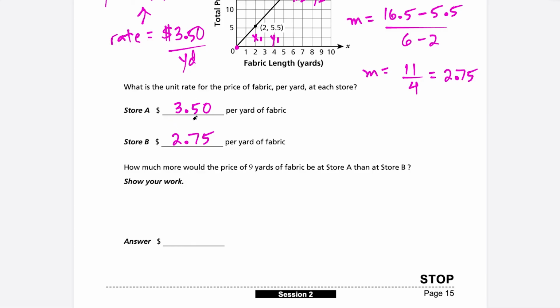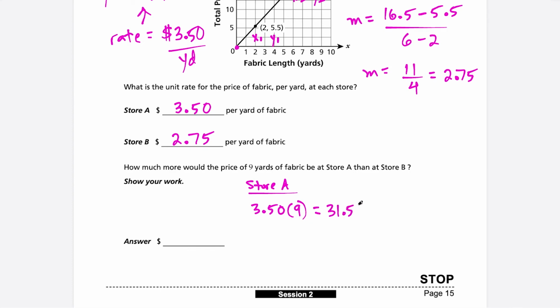So now the last stage of this question is how much more would the price of 9 yards of fabric at store A be than it is at store B? So for 9 yards, let's do store A first. I'm going to do $3.50 per yard, and multiply that by 9 yards. $3.50 times 9 is going to give us $31.50.